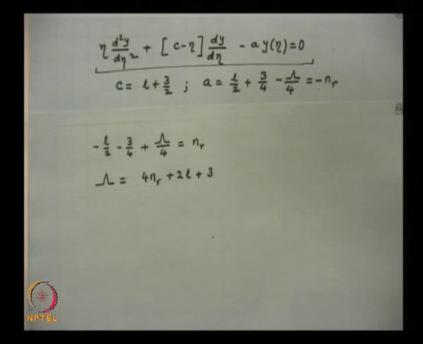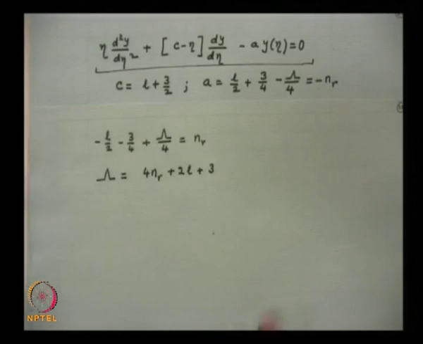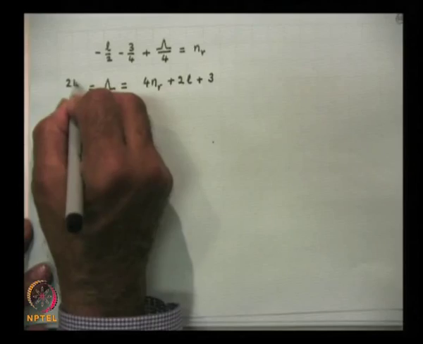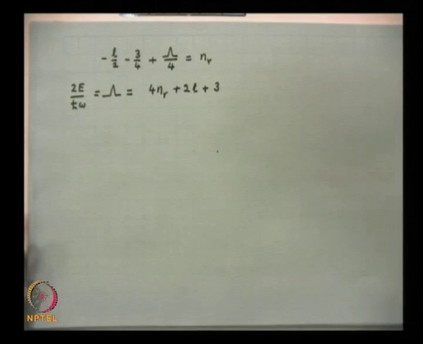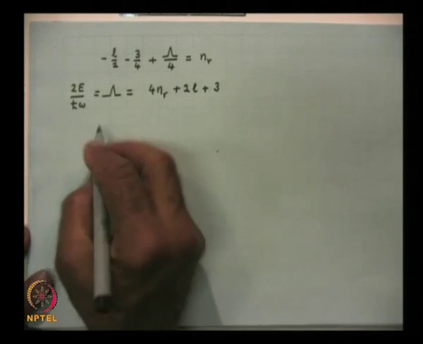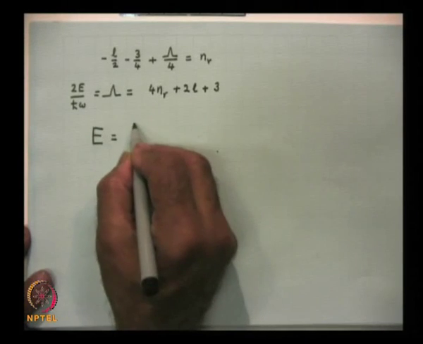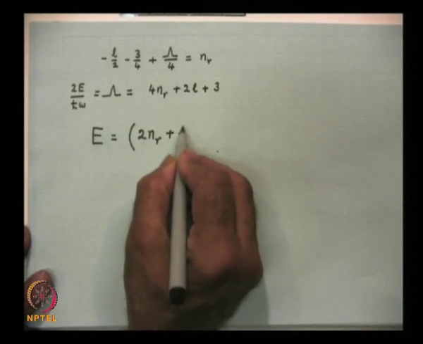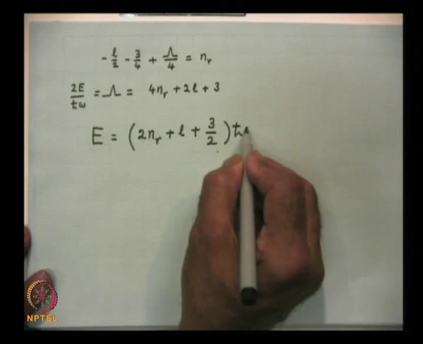If you recollect, lambda was equal to 2 E by h cross omega. So, this is equal to 2 E by h cross omega, and so therefore, I will have E is equal to, if I divide by 2, 2 n r plus L plus 3 by 2 h cross omega.